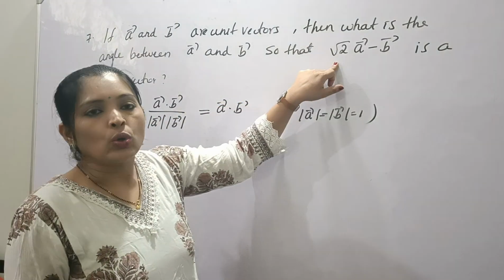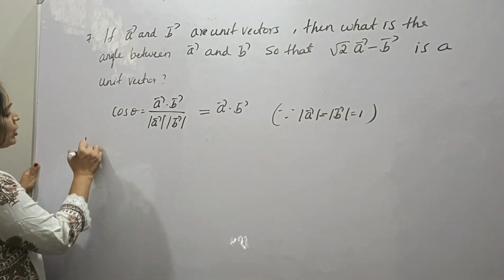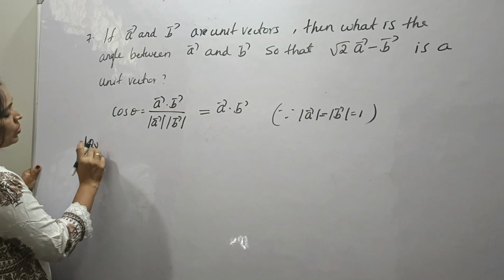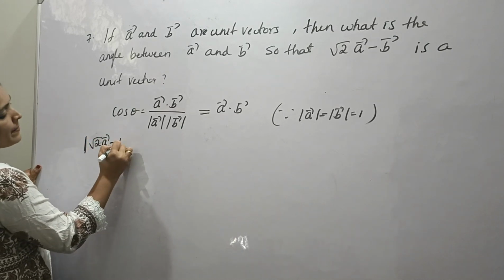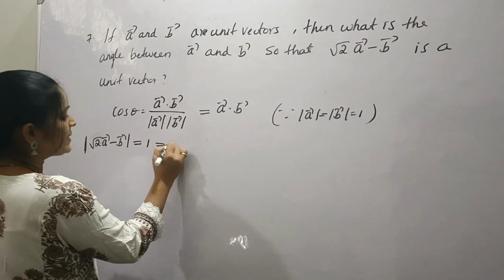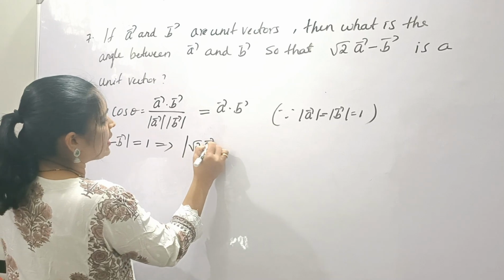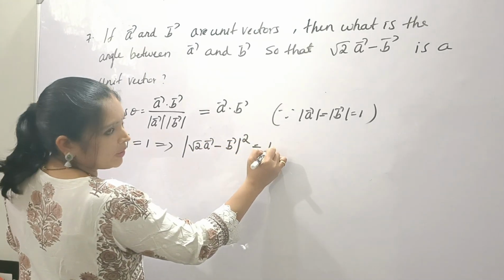And one more condition: root 2 vector A minus vector B is a unit vector. That is, its magnitude is 1. Right. That is, modulus of root 2 vector A minus vector B is equal to 1. That implies modulus of root 2 vector A minus vector B, squared, is equal to 1.